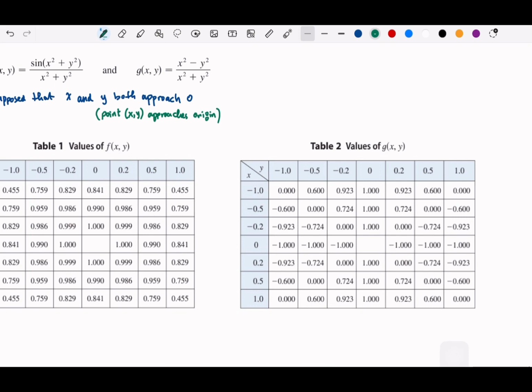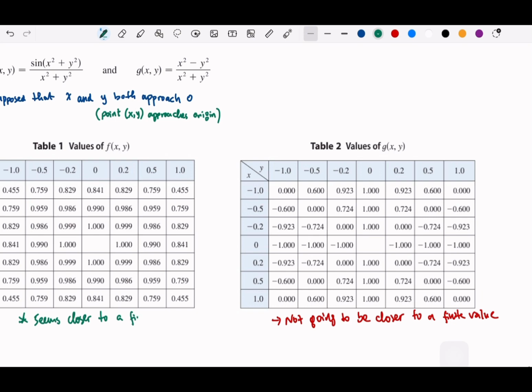So let me write here that it is not going to be closer to a finite value. And for the left, let me write just as notes that it seems closer to a finite value, which is 1.